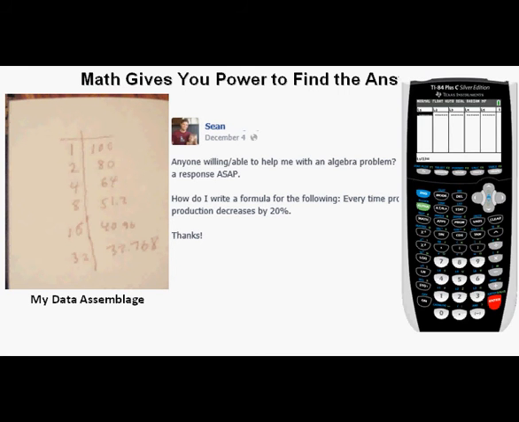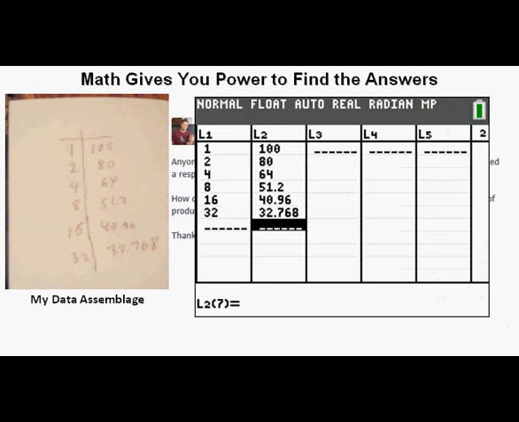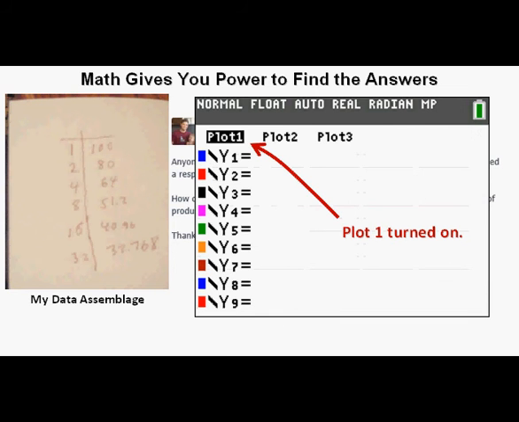I got out my TI-84 Plus graphic calculator. Going to Stat Edit, I entered the points under the columns L1 and L2. You can see all the data entered from my initial writing. Next, I went to see the data plotted by first going to y equals to see that plot 1 was turned on.